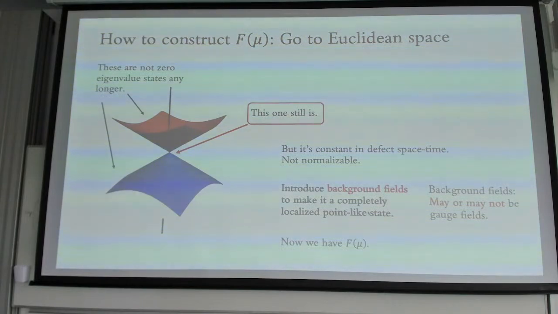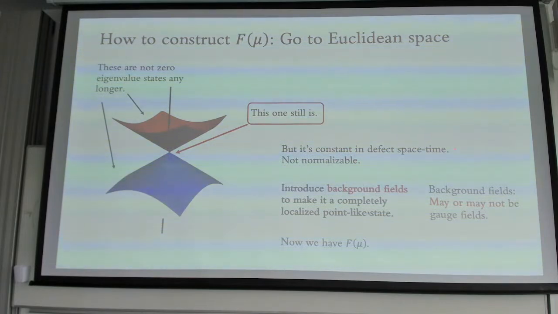But if I now go to Euclidean space, they are not. So these random states on the Dirac cone are not zero eigenvalue eigenstates of my Euclidean operator. But this one still is, right? So this is exactly at 0.